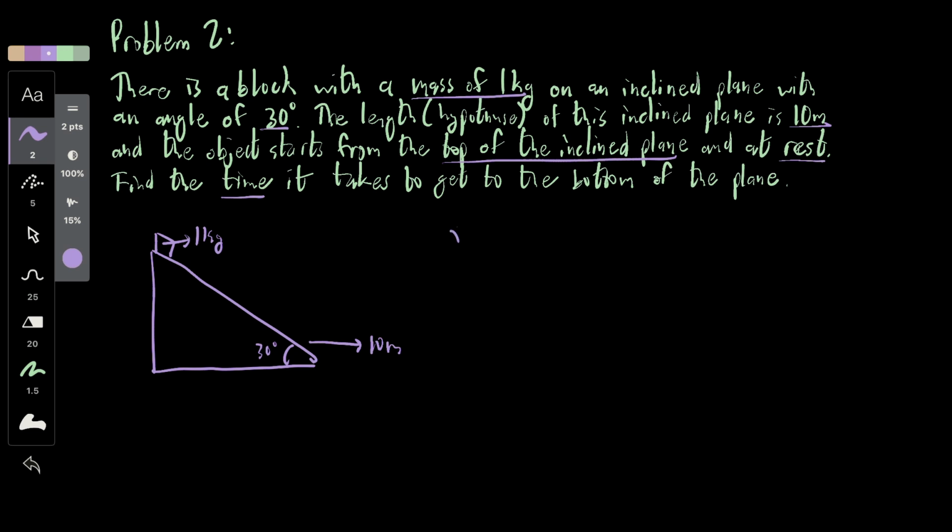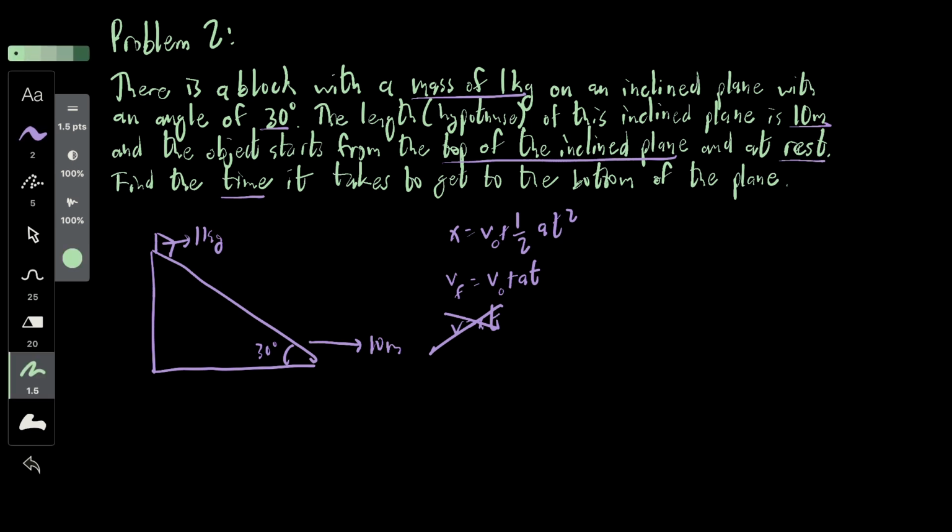We have the distance is equal to v0 t plus 1/2 a t squared, or we have vf is equal to v0 plus the acceleration times the time. Now there's also velocity is equal to distance over time, but that one is crossed out for reasons that I'm going to show you in a bit. So that formula is automatically crossed out.